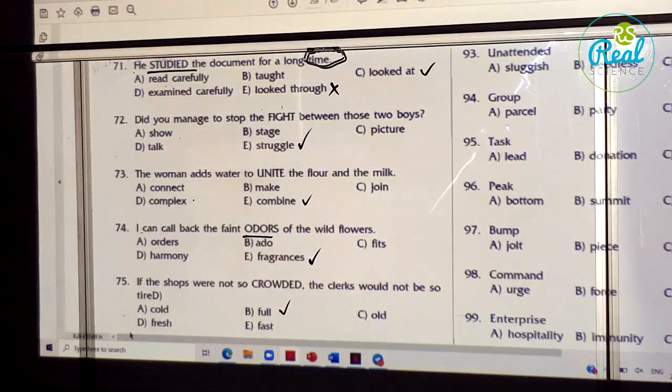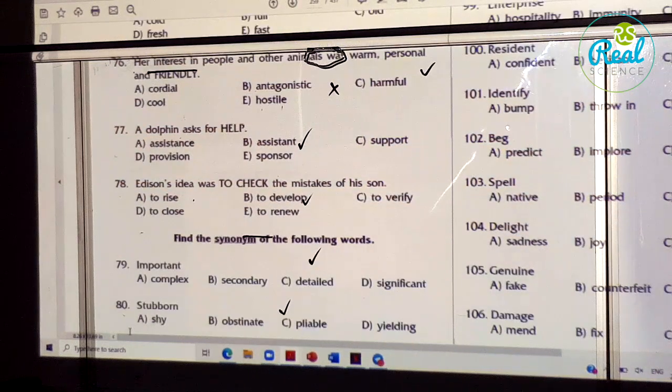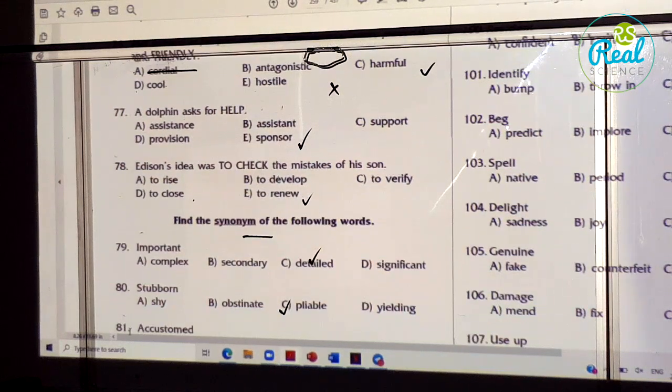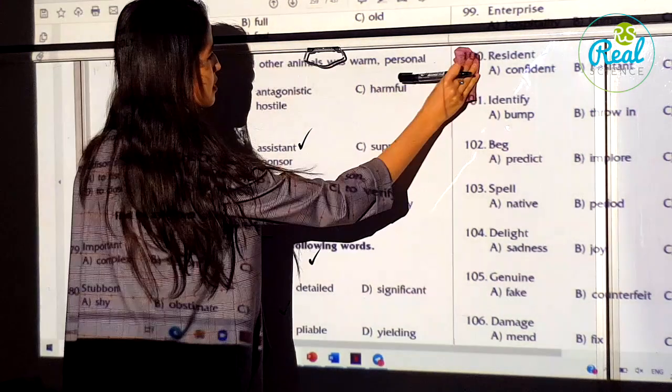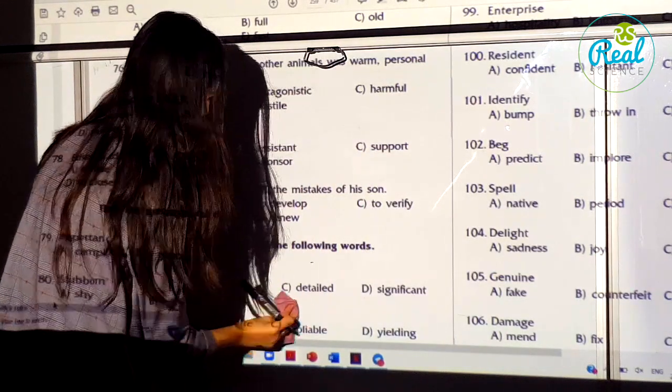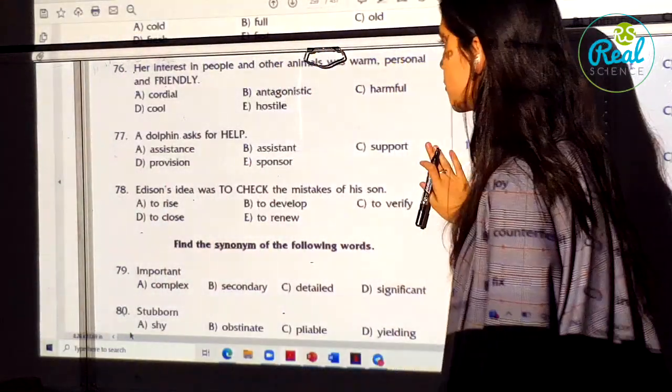Great. Next. Cordial. Her interest in people and other animals was warm, personal, and friendly.